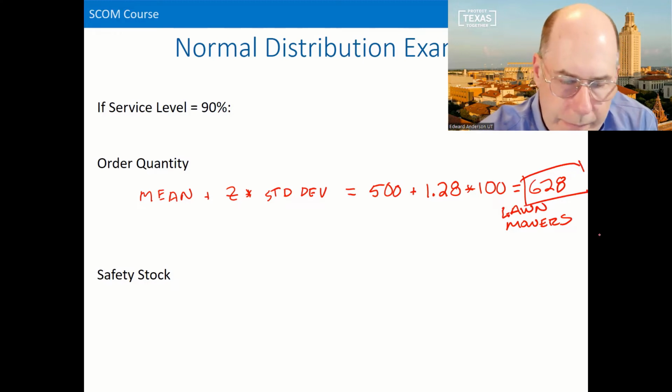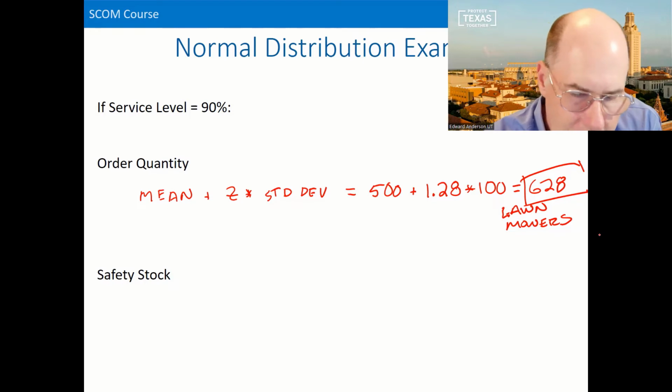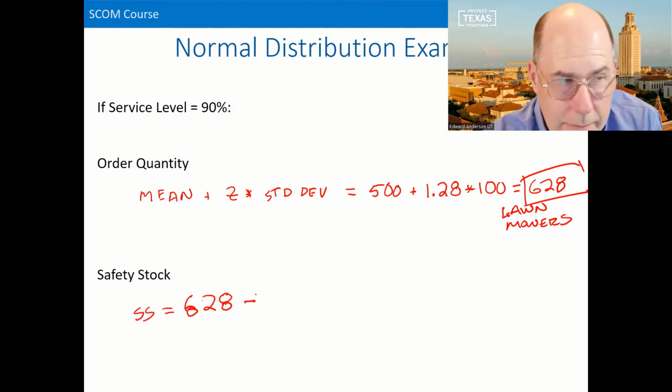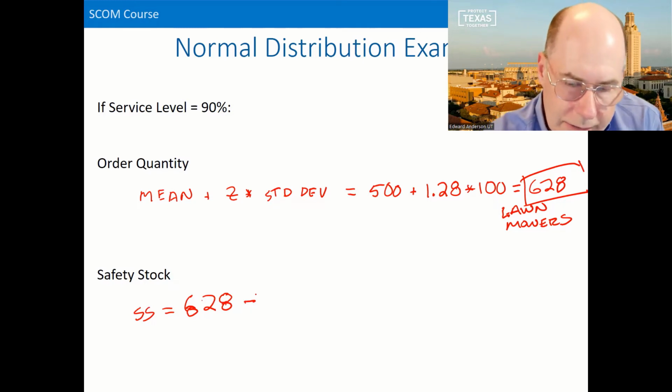Now, that also implies that our safety stock is going to be 628 mowers minus what a service level of 50 would be, which in this case is going to be the mean, or 500.